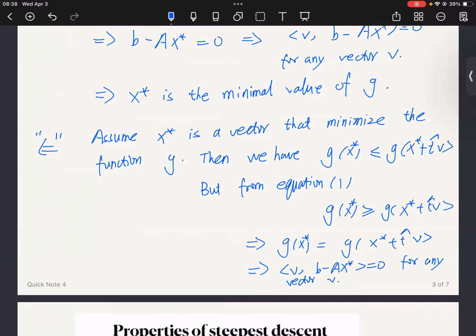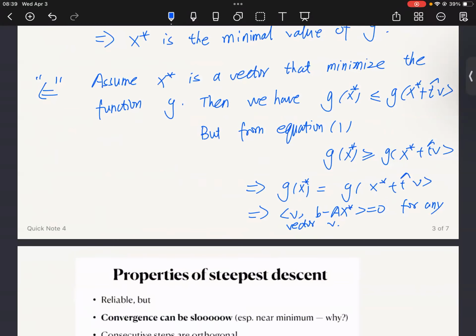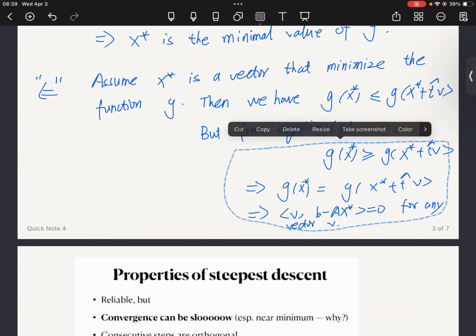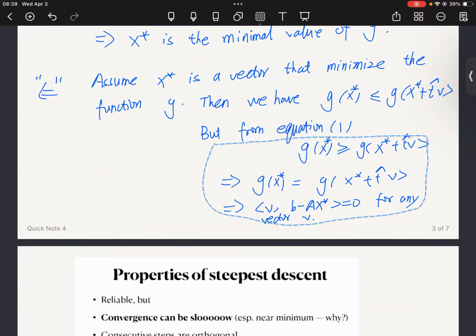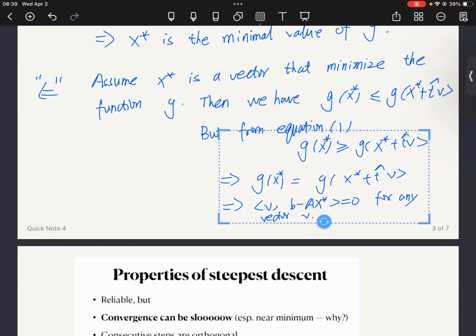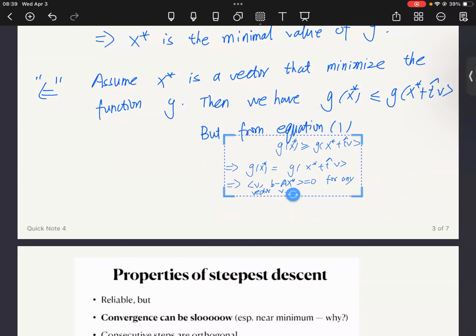So now, could you conclude that b minus Ax star equals 0? Can you do this? And why? So the question is, could you do this, and why? This is the question for you. Any idea? You could use the property of the inner product here.